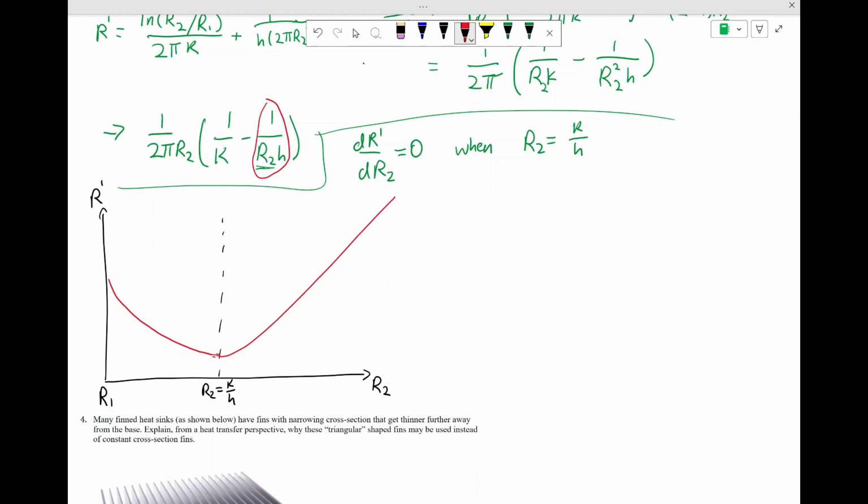So what we conclude is that increasing R2 beyond some limit, beyond k over h, will always increase the total thermal resistance, or therefore always reduce the heat transfer rate.